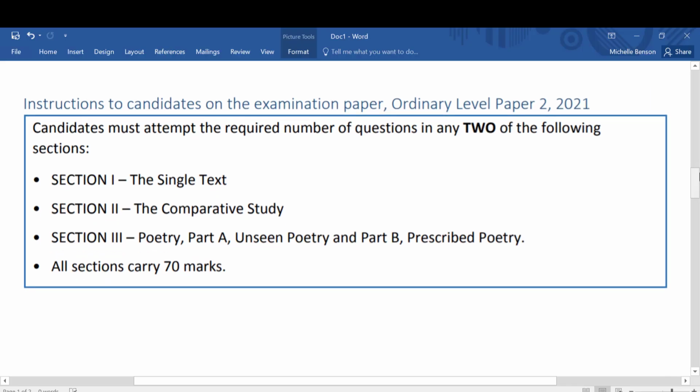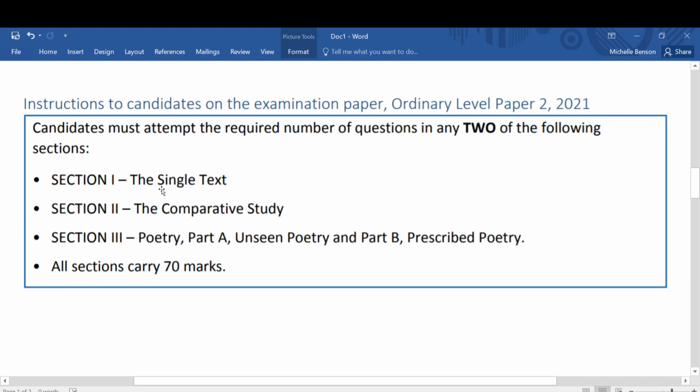So let's finally have another look, just to summarise, at the instructions to candidates for paper 2 ordinary level. Candidates must attempt the required number of questions in any 2 of the following sections. So you have section 1, the single text, section 2, the comparative study, section 3, poetry, part A, unseen, and part B, prescribed. All sections carry 70 marks. So you can leave out one section and just do any 2 sections.